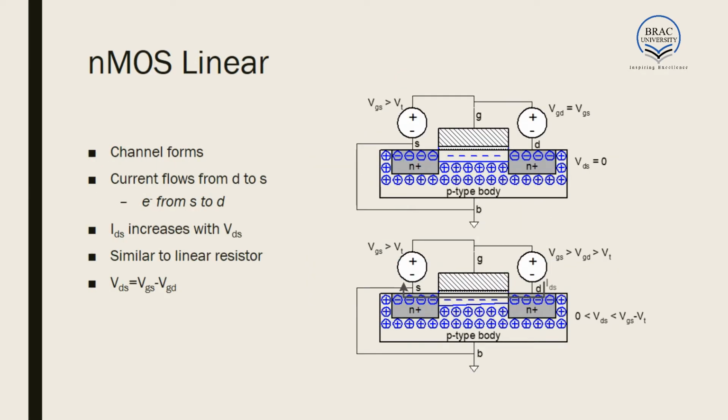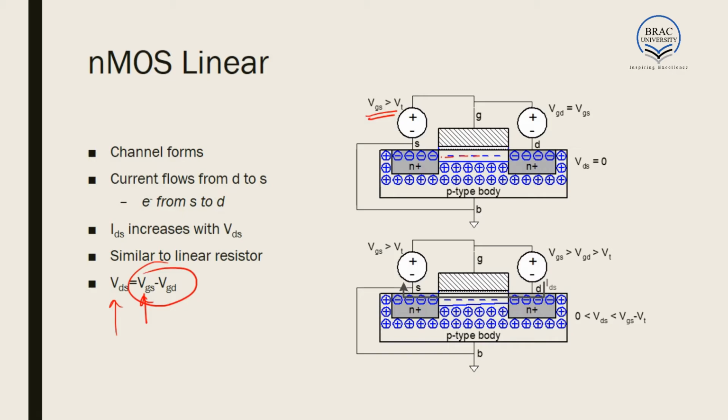Now, what happens when we increase the VGS? If we increase the VGS to a value greater than the threshold voltage, what happens is there is an inversion layer of electrons created. Now, if we increase the VDS, VDS is equal to VGS minus VGD. Since VGS is increased, VDS will automatically be increased.